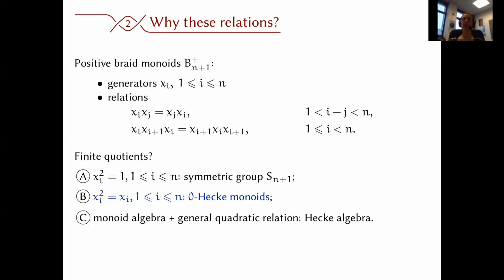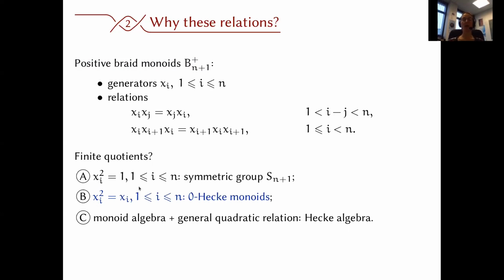And more generally, you can take the algebra of this monoid and quotient it by some generic quadratic relation, which gives you what is called the Hecke algebra, and which appears in many branches of mathematics. And this idempotence relation corresponds precisely to one parameter in this quadratic relation being equal to 0. This is why it's called the zero Hecke monoid.